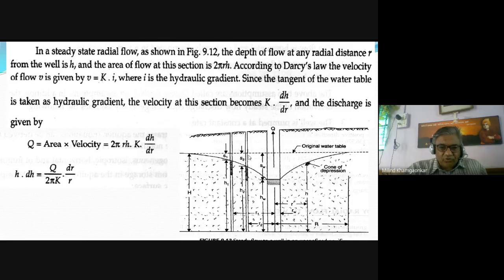If there are two observation wells, or test study wells you can say, at a distance of r1 has a drawdown of s1 or a depth h1, at a distance of r2 has a drawdown of s2 and the height of water is h2, this is integrated between r1 and r2 and h1 and h2.